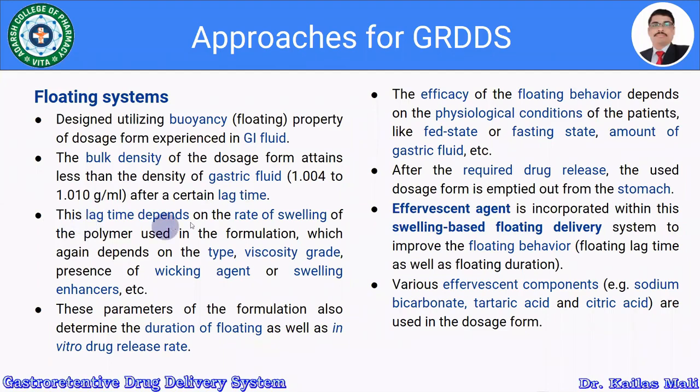This lag time depends on the rate of swelling of the polymer used in the formulation, which again depends on the type, viscosity grade, and presence of a wicking agent or swelling enhancer. So the floatability of the formulation depends on the swelling and how it maintains the density of the formulation less than that of the gastric fluid.